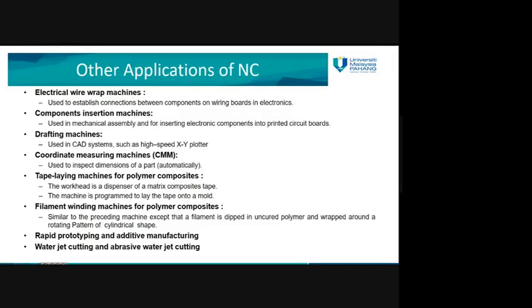All these applications refer to NC applications and at the same time to CNC applications. They exist in the conventional numerical control machine and also in computer numerical control machines. But as we said, we have add-on features and add-on applications for CNC also.